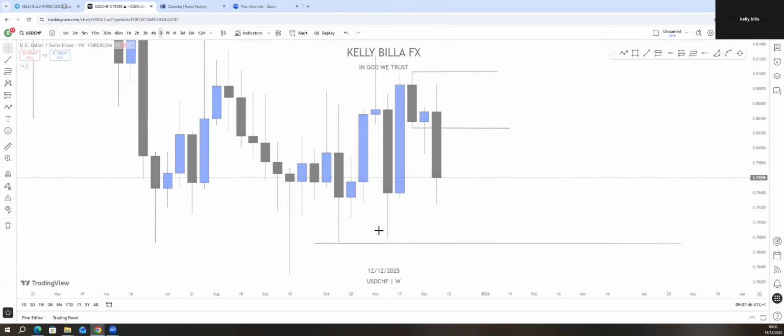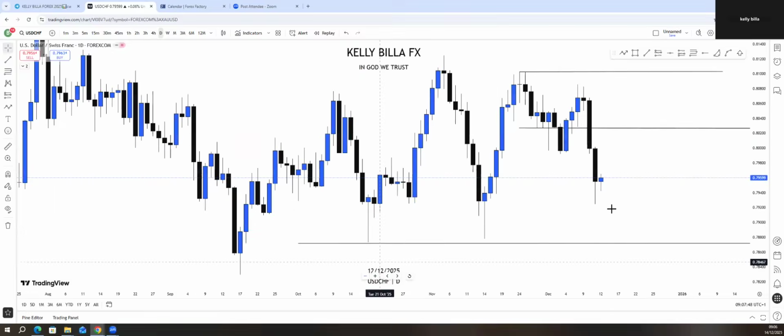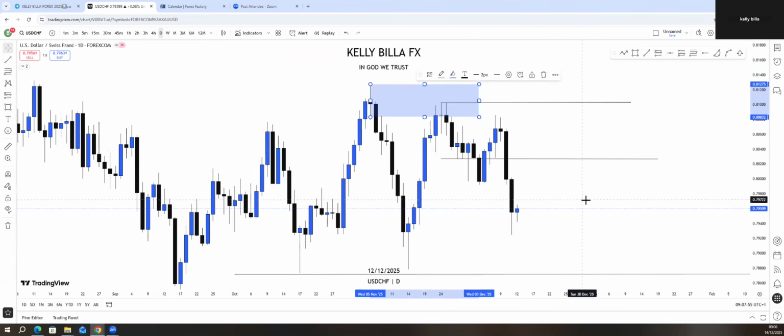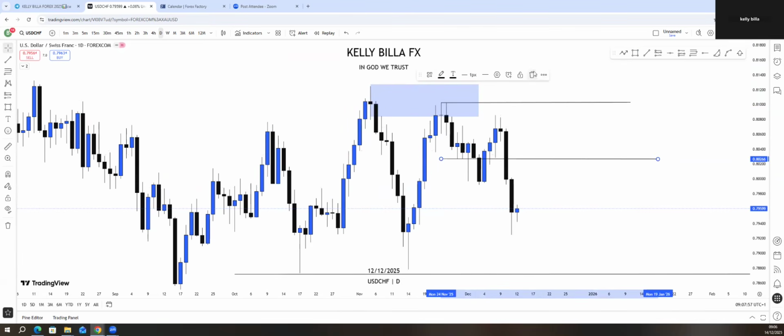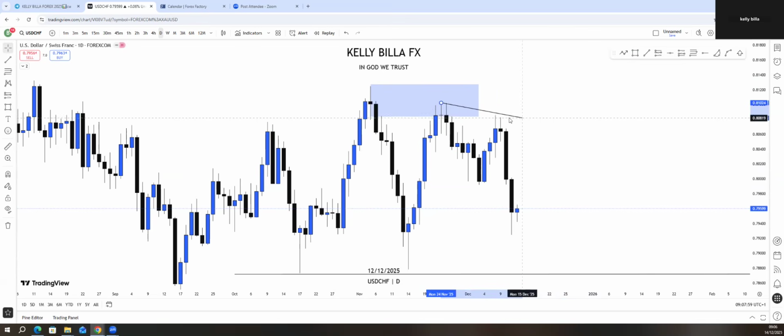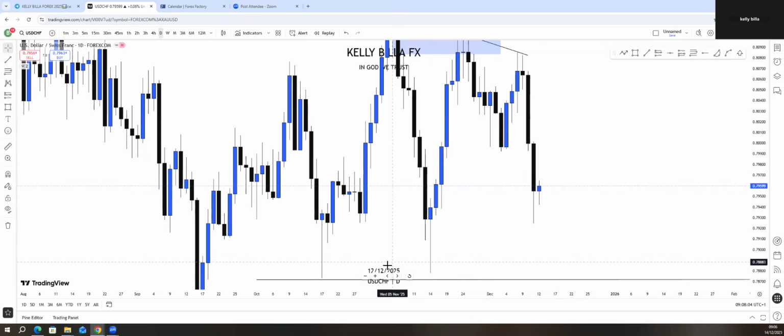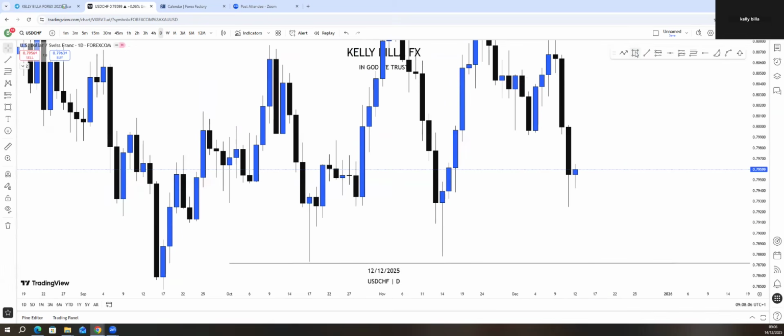So let's go to the daily time frame. Everything being equal, price reacted from this supply. Okay, after price reacted from that supply zone, we had some sort of failure. Like I said, price did not take out a weekly high, and price has been bearish ever since. Now, price is back into a demand zone.